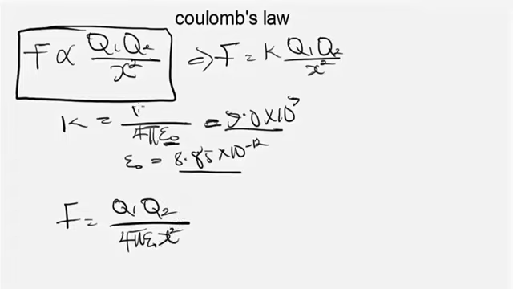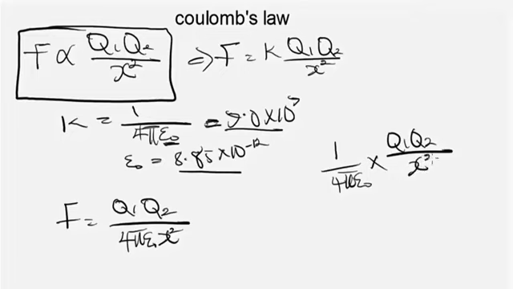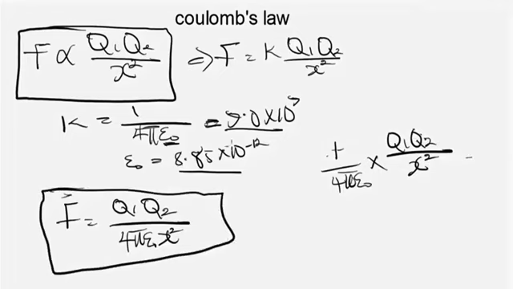This is because we multiplied 1 over 4 pi epsilon naught by Q1 Q2 over x squared. When we multiply, we multiply the numerators out, then the denominators. Alright, so let's go ahead and delete this.